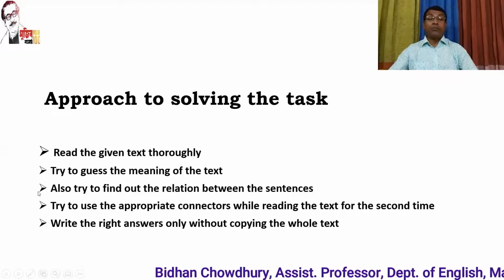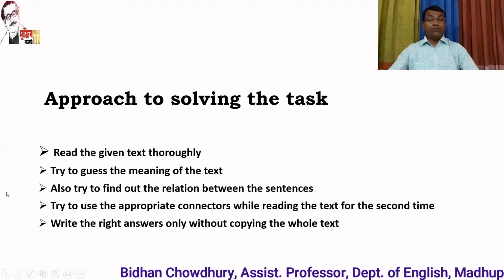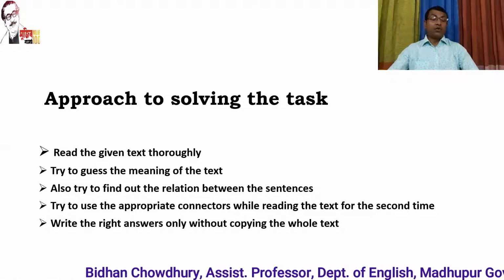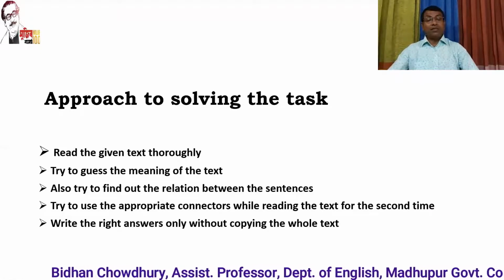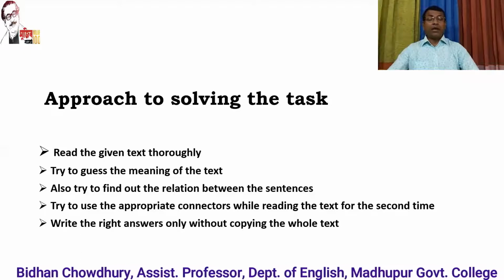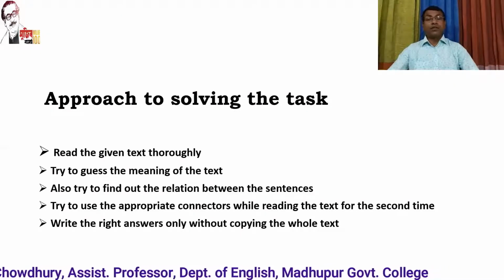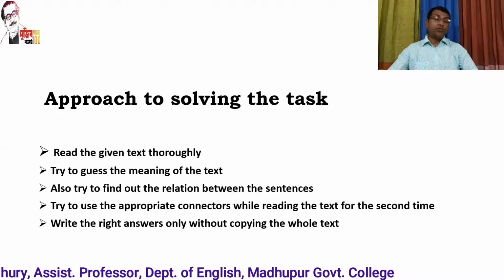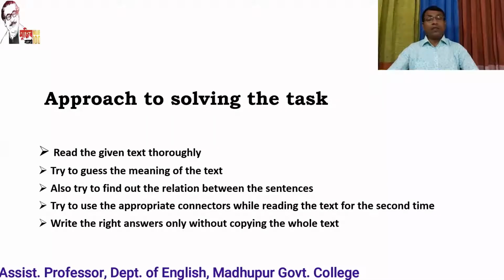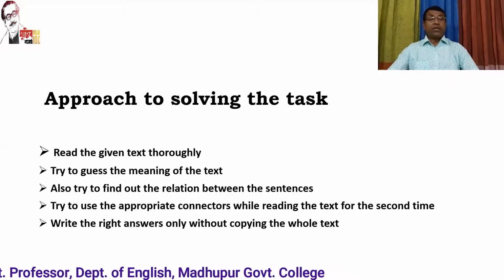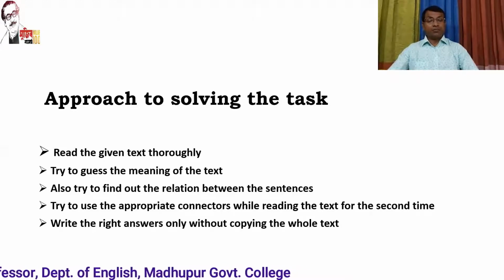But in the case of connectors, you must not write the whole text in the answer script. Just pick up the right answer with sequential numbers. And these are the points students are expected to follow when they answer connectors in the answer script.